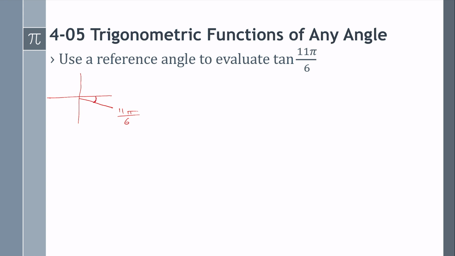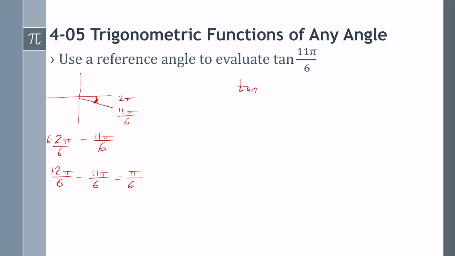So that's our reference angle, always to the x-axis. So that would reference with 2 pi. So subtract the 11 pi over 6 from the 2 pi. Get a common denominator. Looks like we get 1 pi over 6.